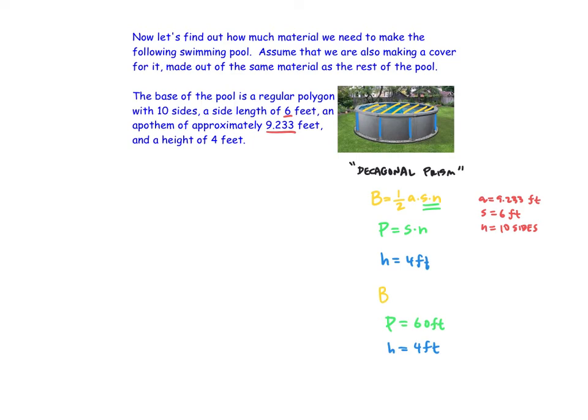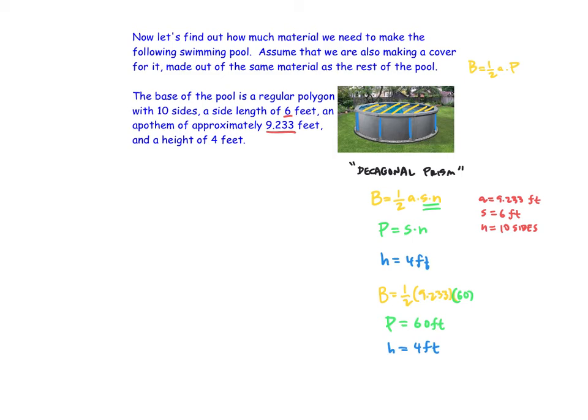So the area of the base is going to be 1/2 times 9.233 times, and I'm going to compact this a little bit. Instead of taking S times N, which is 6 times 10, I'm just going to multiply it by the perimeter, which is 60. Recall that that's another form of the area of a regular polygon, which is apothem times perimeter, instead of apothem times sides times the side length.